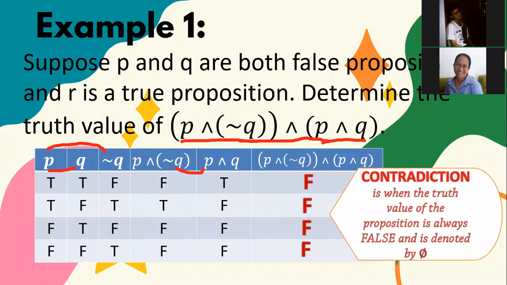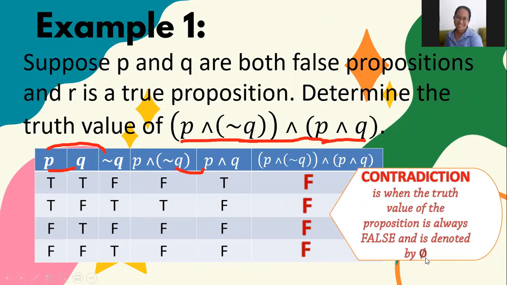That is when the truth value of the proposition is always false. As you can see with the first example, walang naligaw na true, so lahat sila ay false. This contradiction or fallacy is symbolized by the symbol we use for the empty set. Kapag yan yung nakita nyo, it means lagi siyang false. Never siyang magto-true.